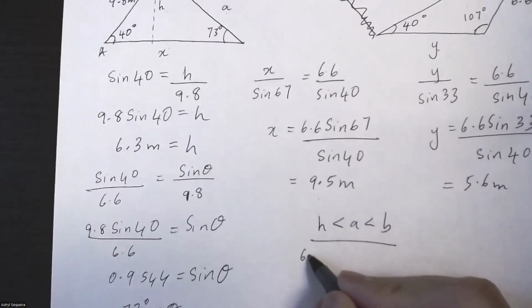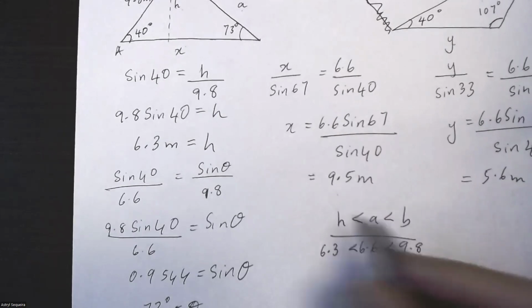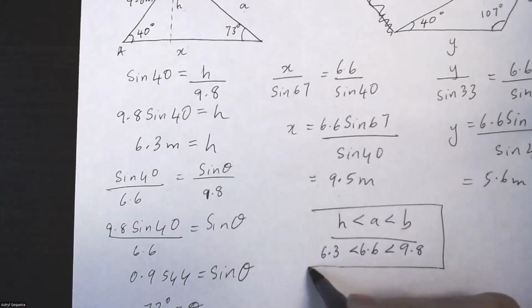We know that 6.3, which is the height, is less than 6.6, which is less than 9.8. So if you want a quick solution, you could just use this law.